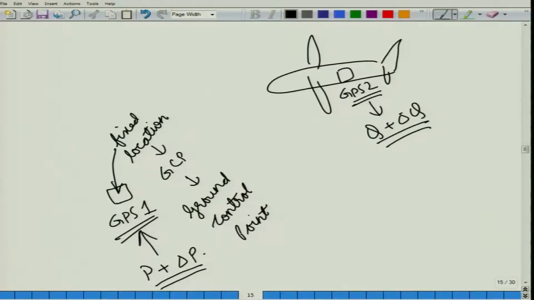Now, if these 2 points are close by, then any delta P that is occurring here because of the positions of the satellite, because both these instruments are the same and the satellites are the same, this error would be the same in both the conditions.